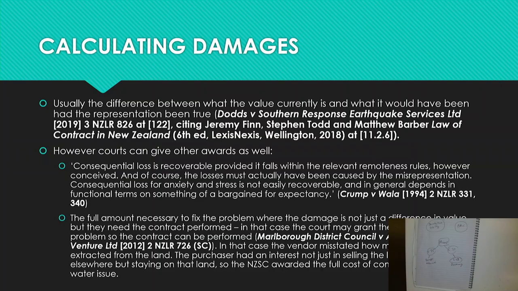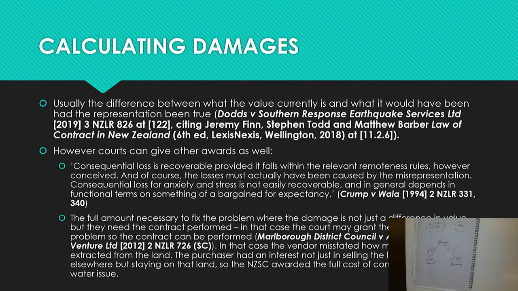They thought that a certain amount of water could be extracted from the land when they purchased it. It turns out it couldn't, and there was a significant amount of work that needed to be done to make that representation true, in effect. So the court said, we're not just going to do the difference, but the full cost of rectifying the water issue.